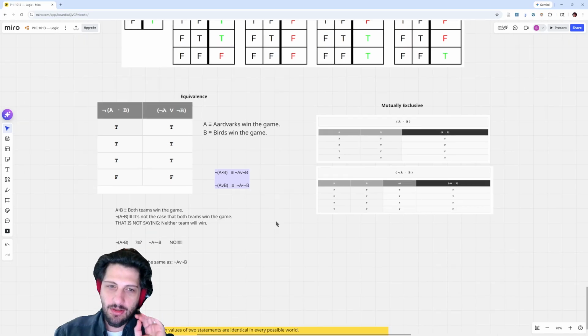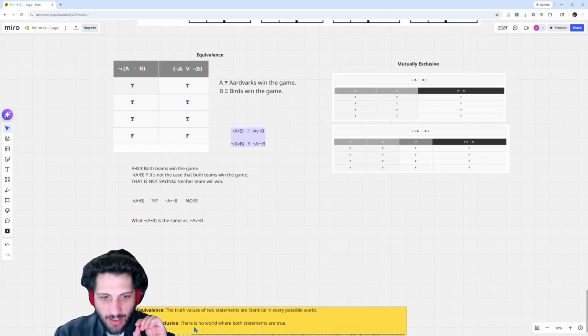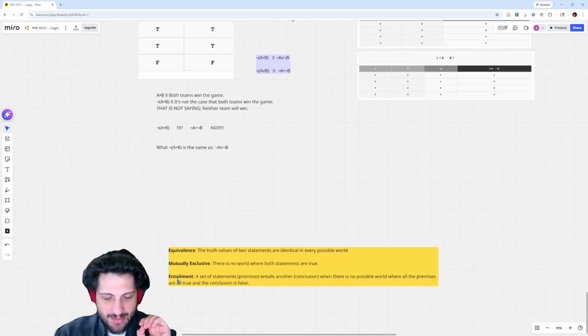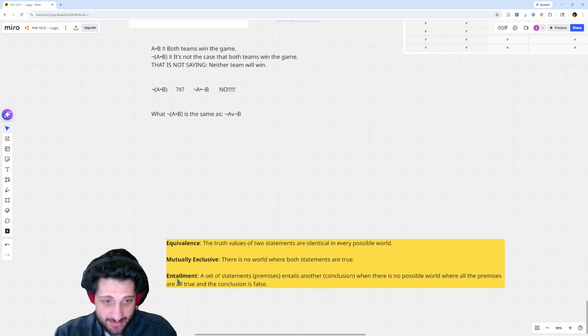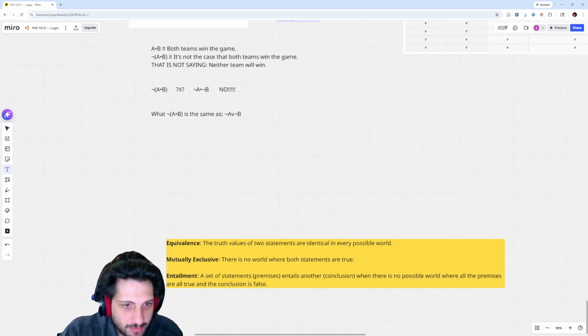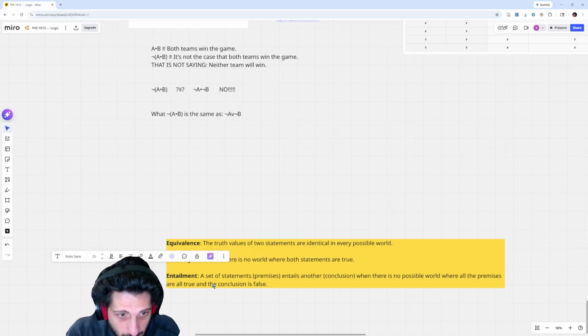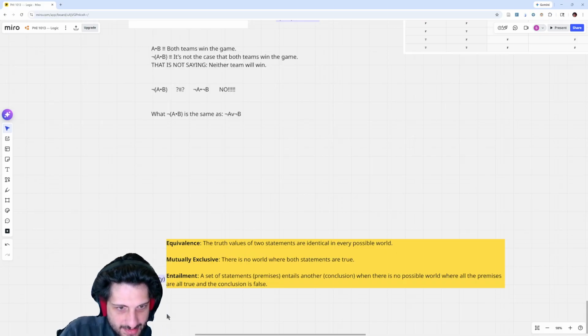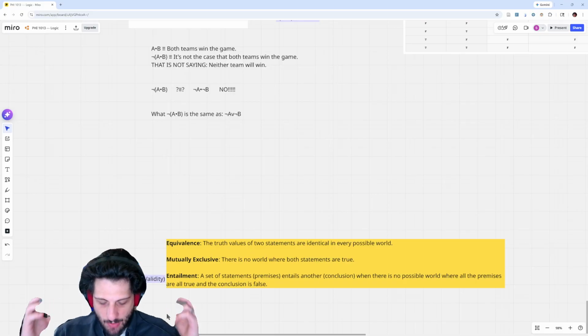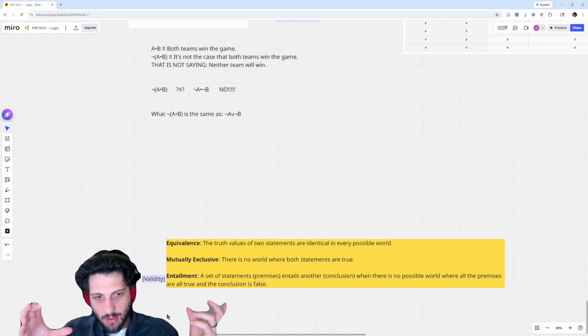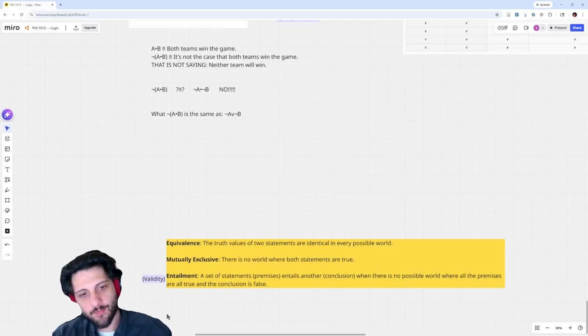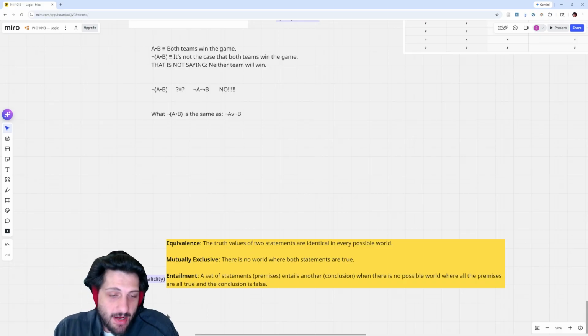Really, though, the thing that we want to be thinking about is this idea of entailment. Because entailment is validity. It's this idea that I could say, well, if these statements are true, then this other one has to be true. And that's what we mean by a valid argument.